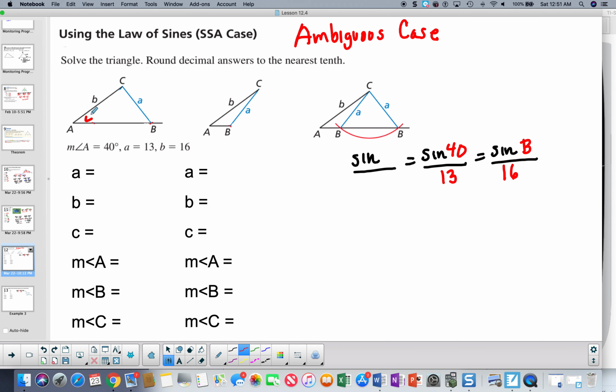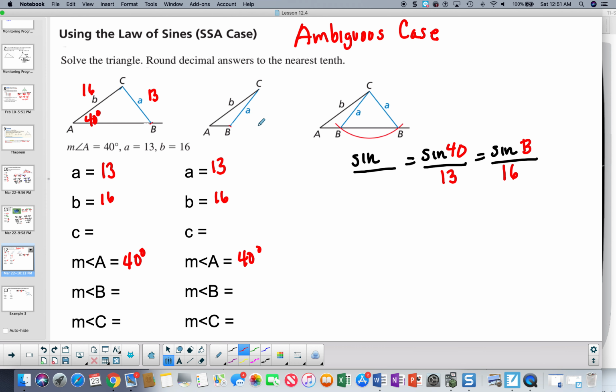So I'll put 40 degrees here, and side A is 13, and side B is 16. So the triangle can look like this, all right? And so I'm going to put my numbers in. So A is 40 degrees, and I can put 40 degrees here. You got to do it twice. And B is 16, and A is 13.